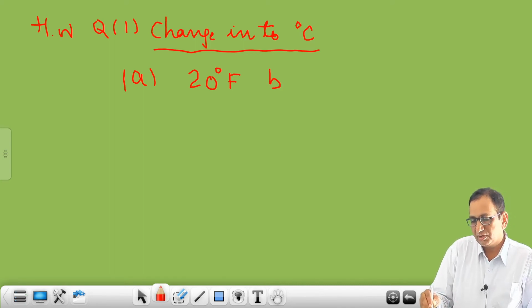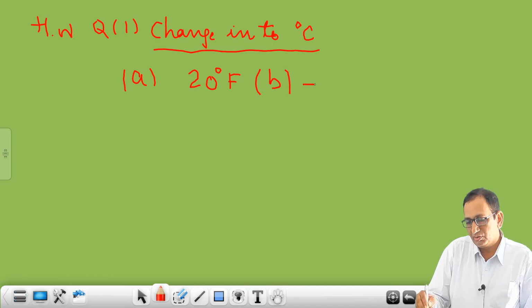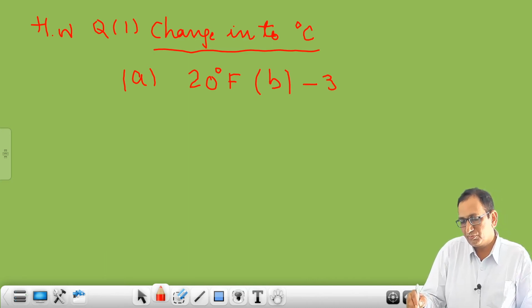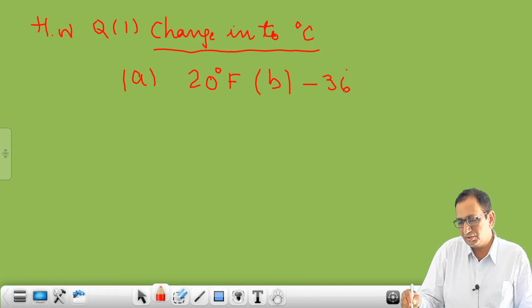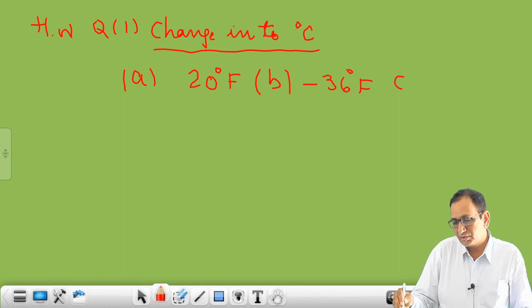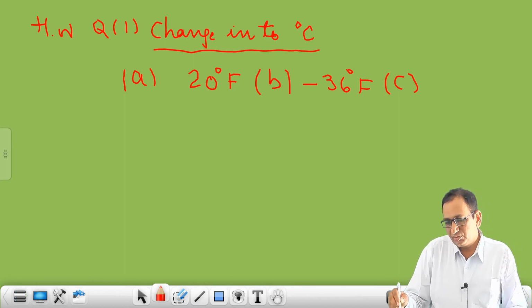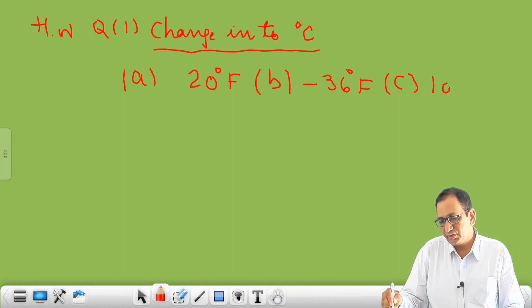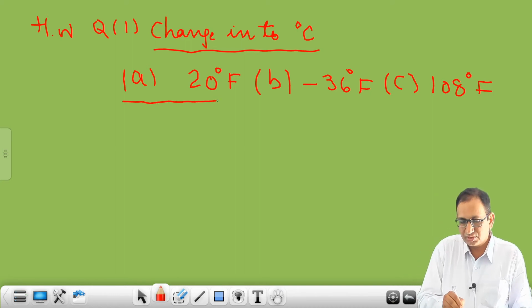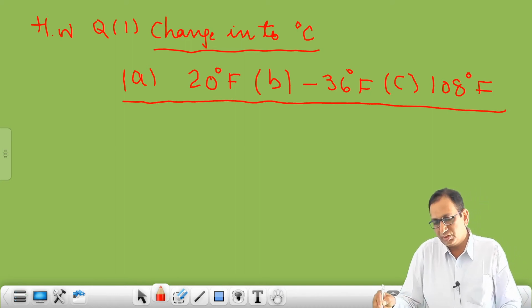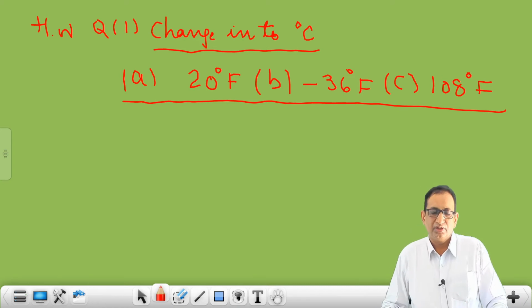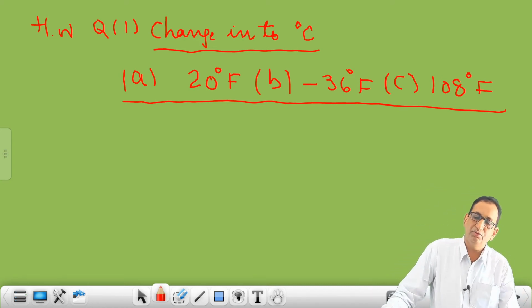Okay students, and in B your minus 36 degree Fahrenheit. Okay students, and in C you have got 108 degree Fahrenheit. So these 3 questions are given in Fahrenheit scale and you have to change them into Celsius scale.